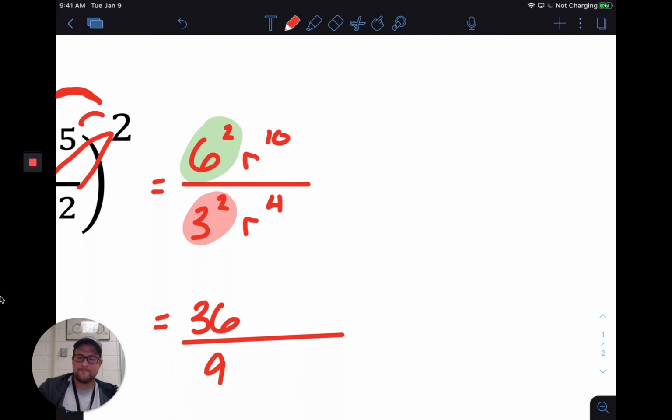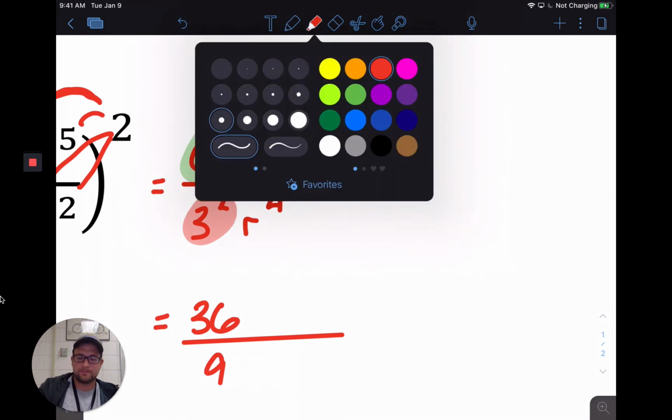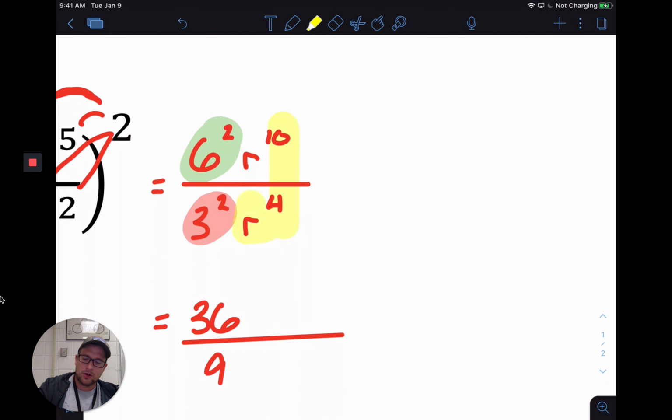Now, let's try to shortcut this a little bit. R to the 10th and r to the 4th power. When you think about that, we know we could string them all out, r, and then do the bottom, r, all the way across, and we could cancel out those pieces that are the same. But instead, what I want you to think of is, what has more, the top or the bottom?